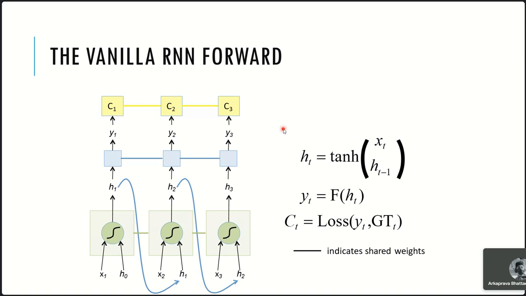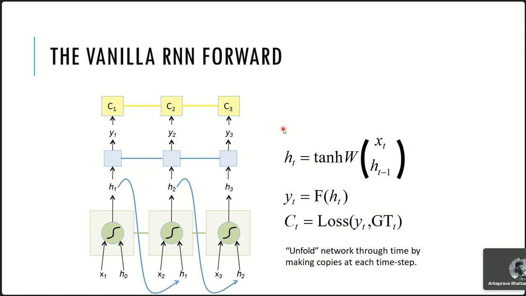C1, C2, C3, as I mentioned, are the losses which need to be calculated and evaluated. And as I mentioned earlier also, these individual units are called the unfolding of the network through time. But at one particular time instant, it will be one RNN cell.